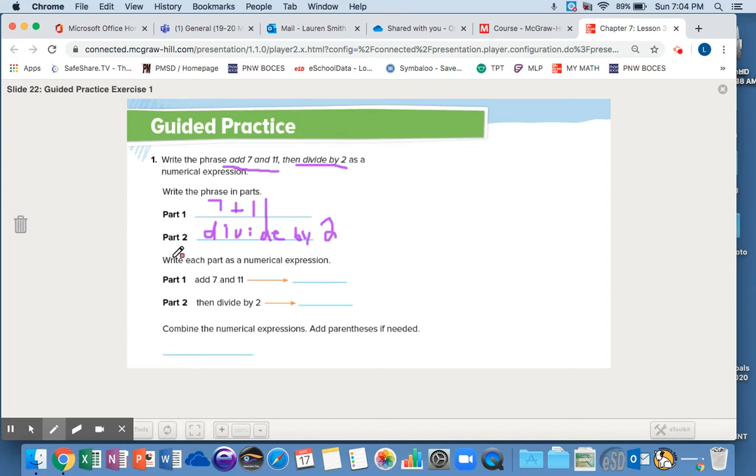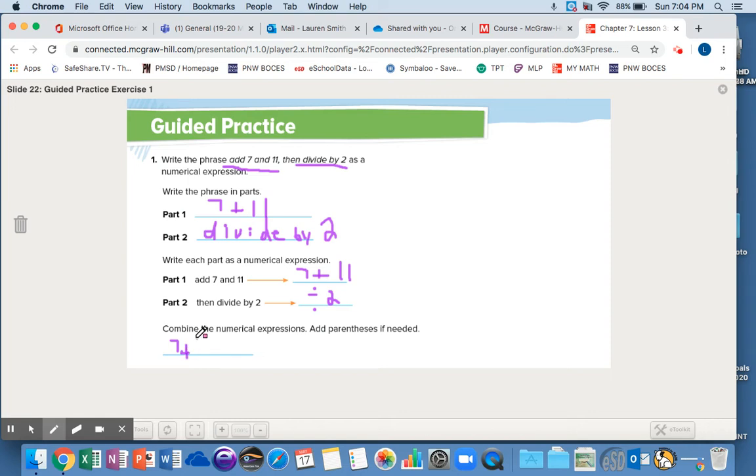Perfect. So then you would write each part as a numerical expression. So add 7 and 11 means 7 plus 11. Then divide by 2 means divide by 2. So it says combine them and add parentheses if needed. So you do need parentheses because you want to do the 7 and 11 first.